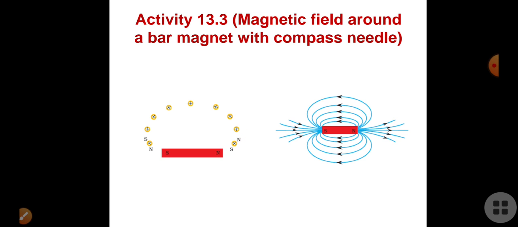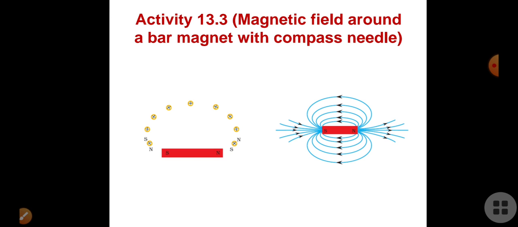So it will behave like this, and it will rest in this north-south direction. Wherever the needle points its north pole, we mark a point at that place.